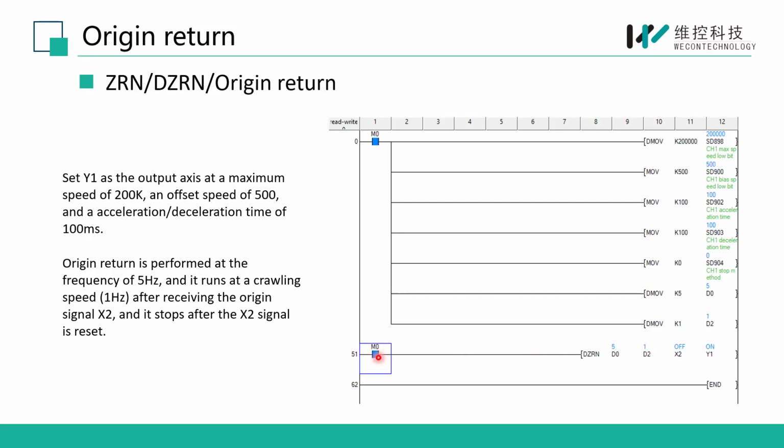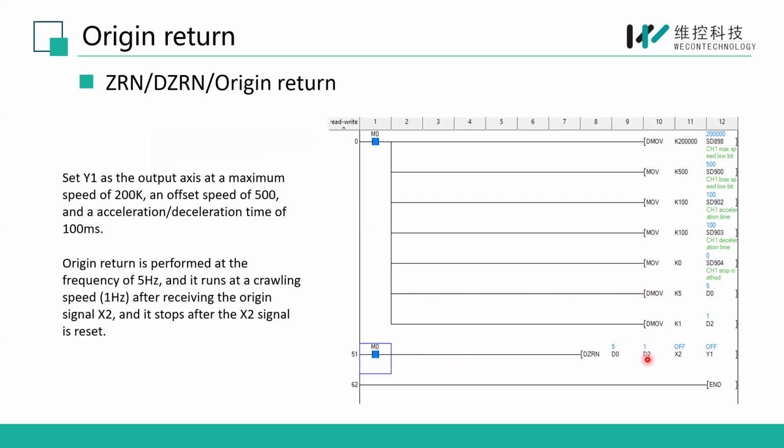Let's see when I trigger M0. First it runs at 5 Hertz, and then when the X2 dog signal is triggered, the servo runs at 1 Hertz. Okay, now the dog signal is triggered and the speed is slow.